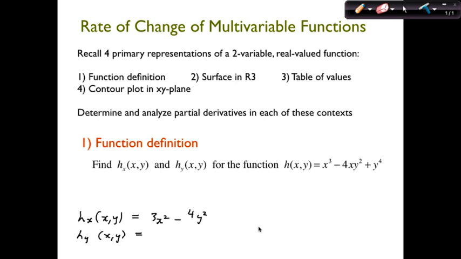Where did I lose you? The 3x squared is fine, right? How about the minus 4xy squared? Your 4y squared is like the coefficient of x, so this is like minus 4y squared x. The derivative would just be the coefficient. And when you add a constant like plus 100 or plus pi or plus whatever, that derivative would be 0.